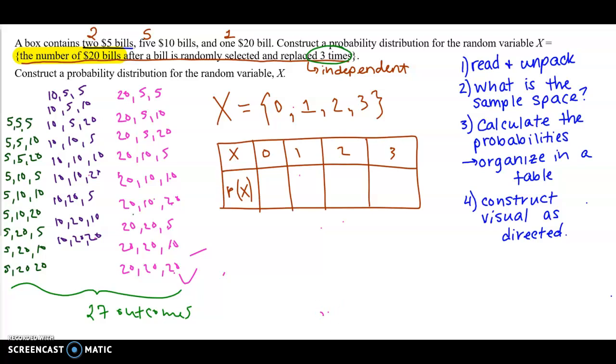So let's count all the ones where there are no $20 bills. 1, 2, 3, 4, 5, 6, 7, 8.